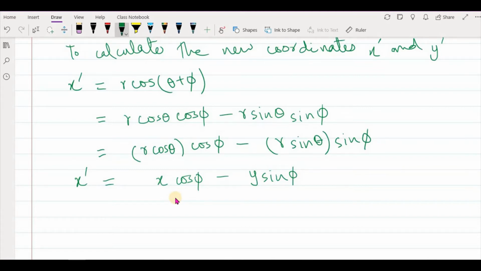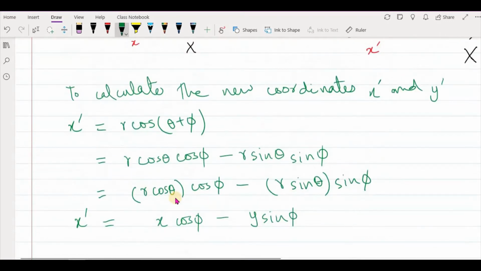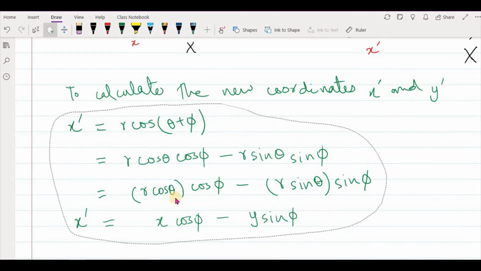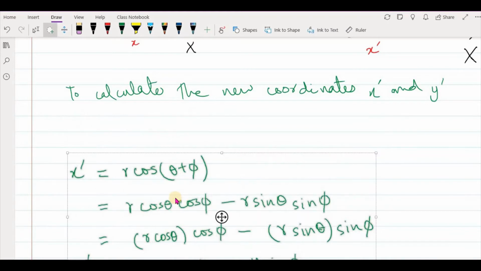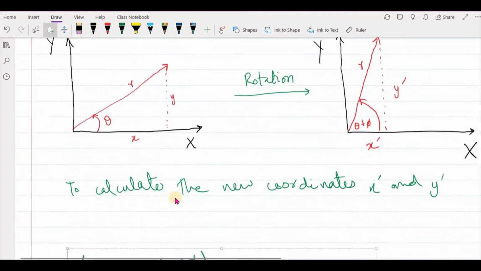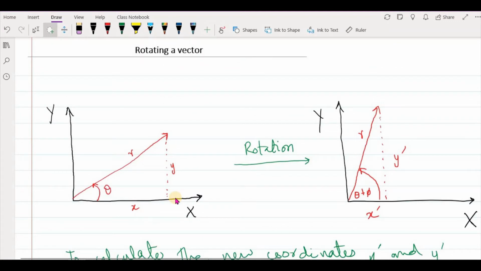Okay, so I think here we should write down also, let's say this is figure 2. This is figure 1.